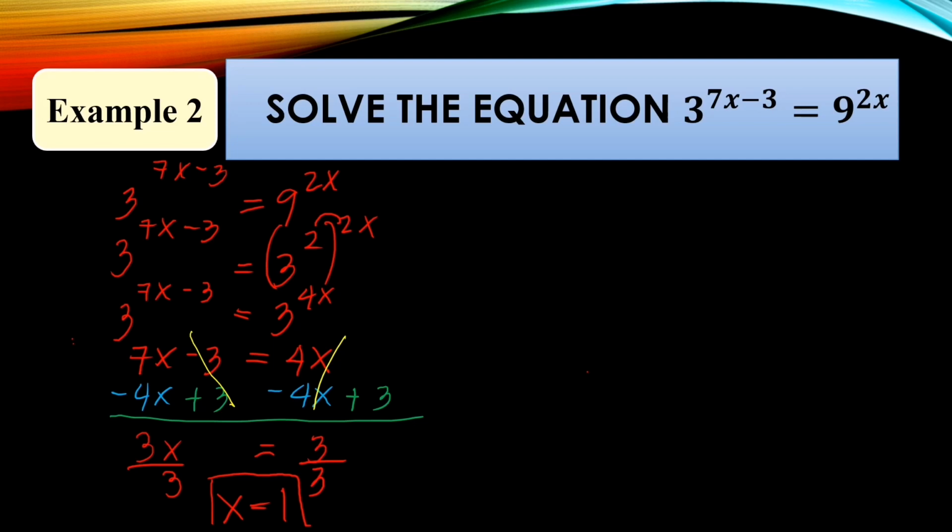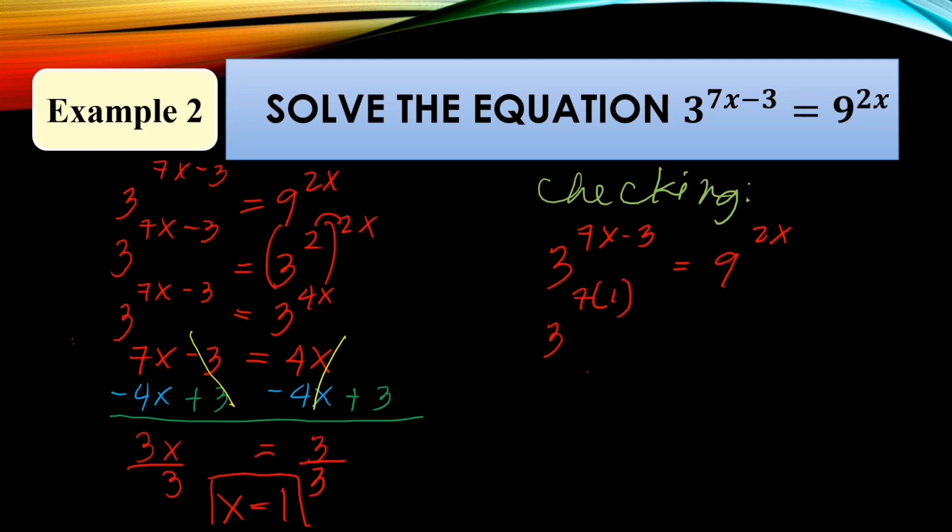So let us check if the answer is correct. If 3 raised to 7x minus 3 is equal to 9 raised to 2x, substitute the value of x: 3 raised to 7 times 1 minus 3 is equal to 9 raised to 2 times 1.